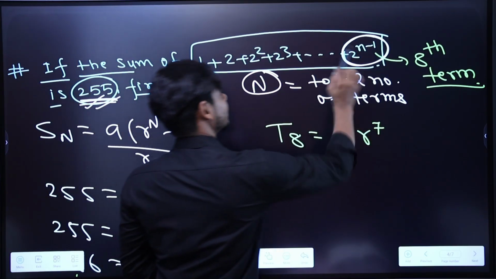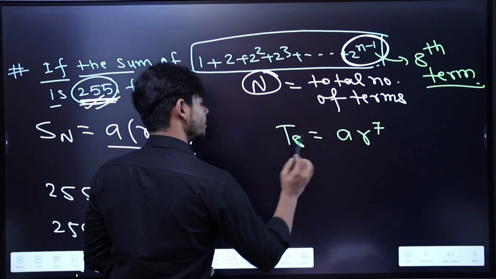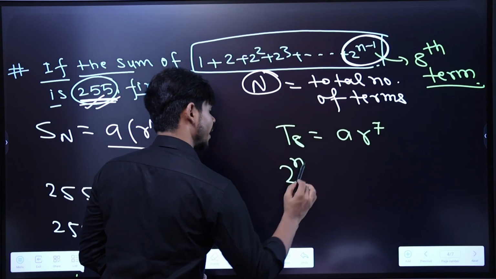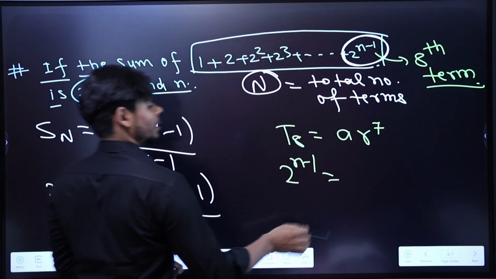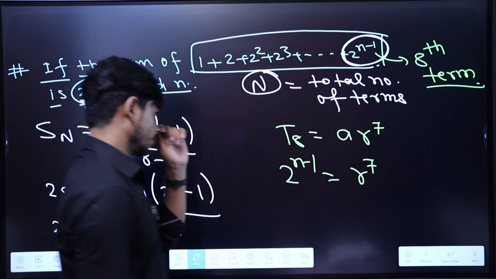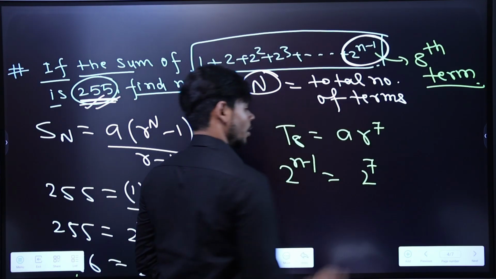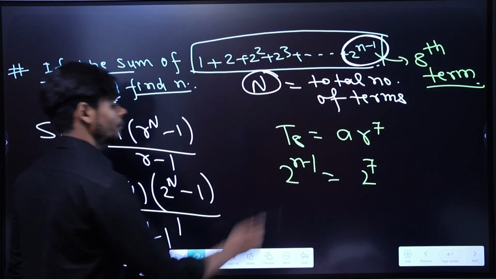Also we are given that this is term number 8, which is 2 raised to power n minus 1. A is 1, and here the exponent is 7. Next, we also know that R is 2, so you can substitute the value of 2 over here, and from here we will get the value of small n.